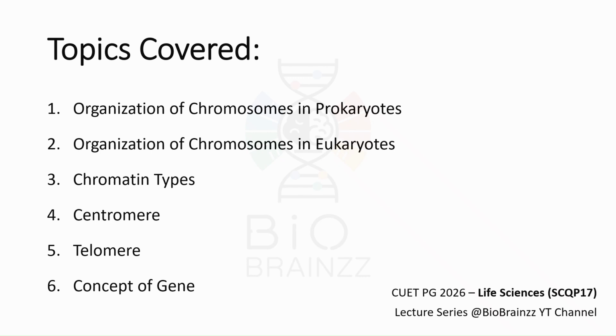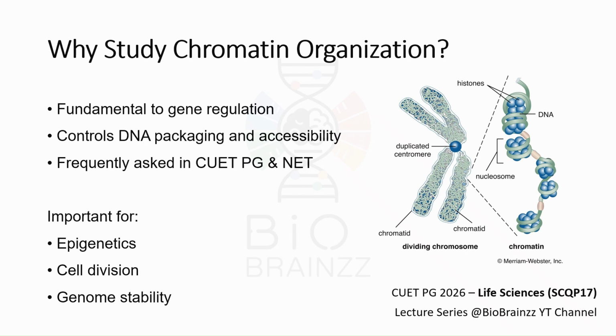Let us start with why we study chromatin. First of all, chromatin structure is fundamental to gene regulation. Whether a gene is switched on or off largely depends on how tightly or loosely the DNA is packed inside the nucleus.